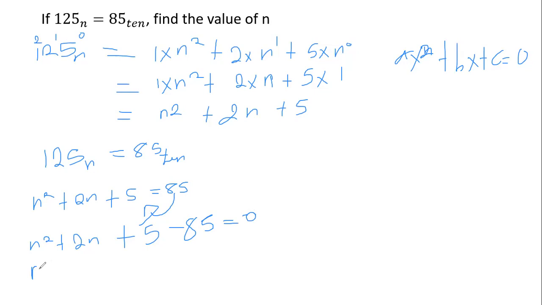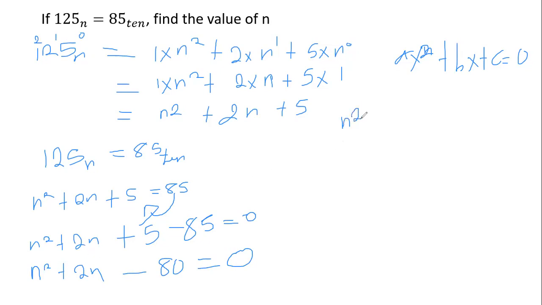So this would be n squared plus 2n minus 80, equate this to 0. So that is our simplified form of that equation. So what we are going to do is to get two numbers.